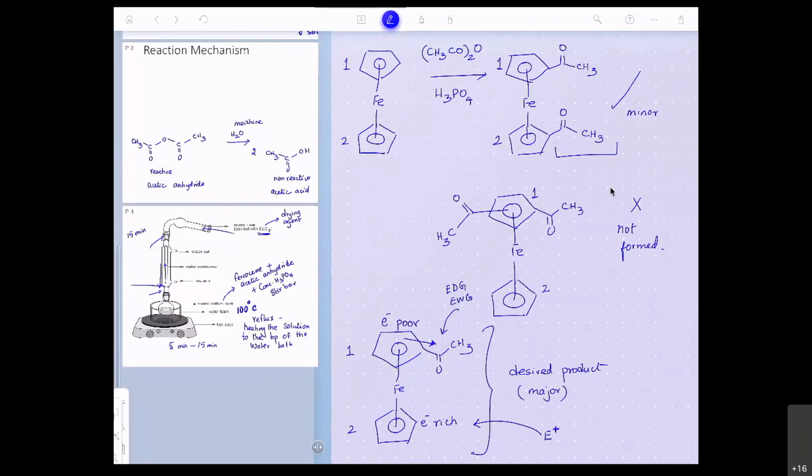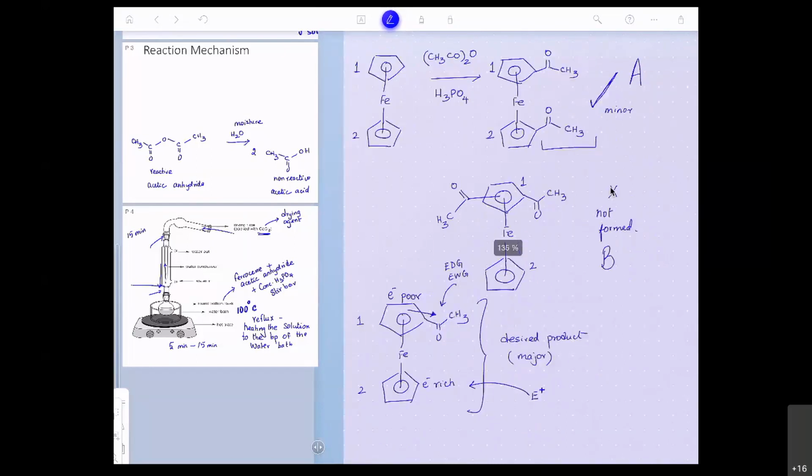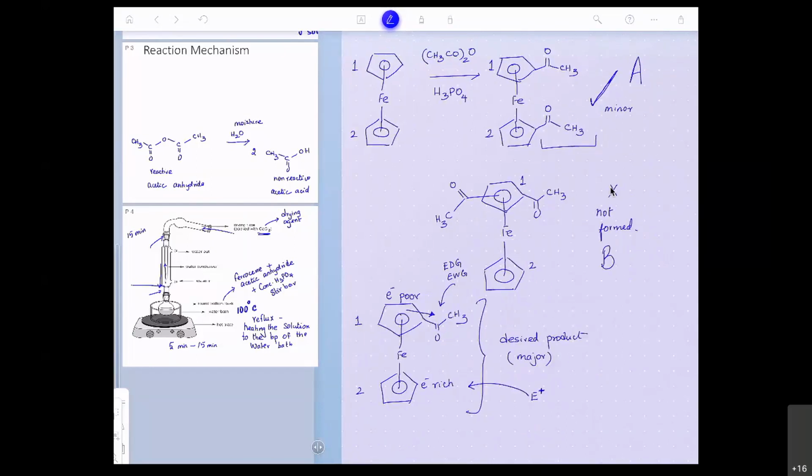And therefore, the diacetylferrocene, you may want to call this A, is formed and B is not formed. Both of them are diacetylferrocenes. Is everybody clear with what I'm saying here? The ring that's electron rich is the one that will continue to react. The ring that is electron poor will not continue to react. It's always the richer ring that is going to win out. Okay?